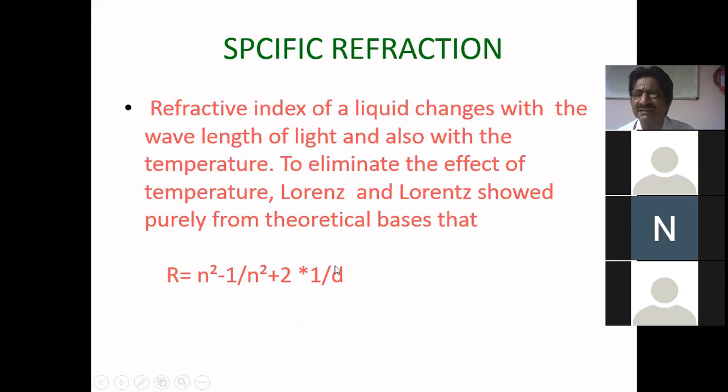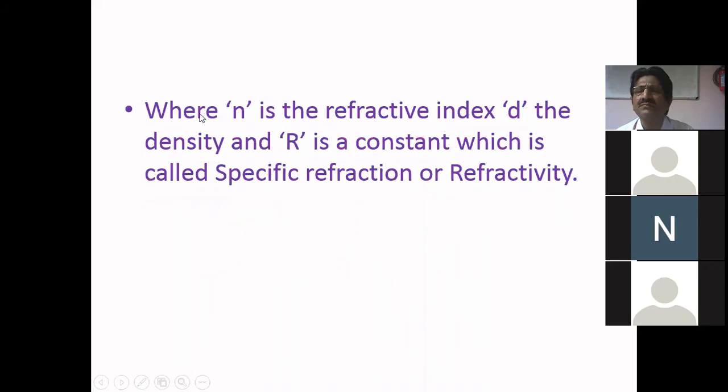The density is also a function of temperature and wavelength, so as the density changes, n changes, and that neutralizes the effect. Here n is the refractive index, d is the density, and R is a constant called the specific refraction or refractivity, which is completely independent of the wavelength and the temperature.